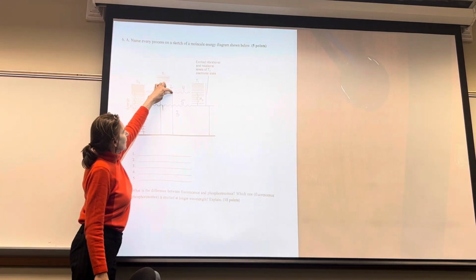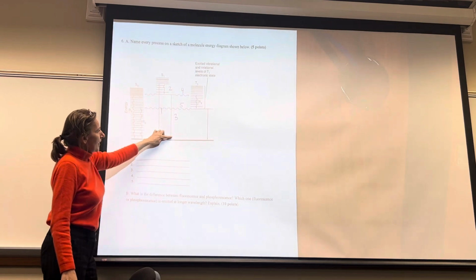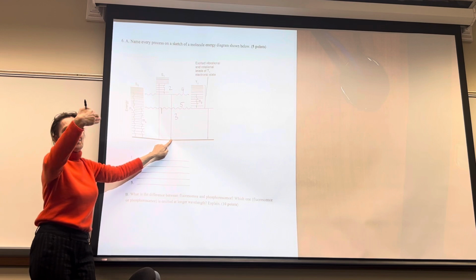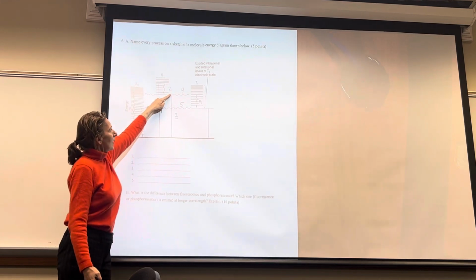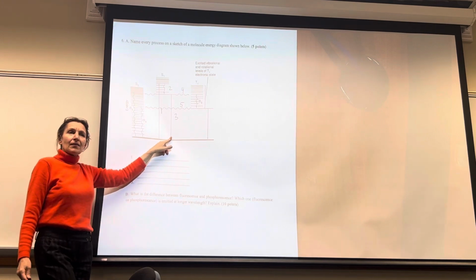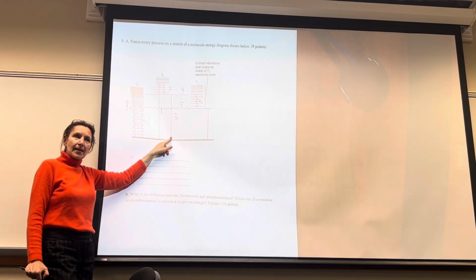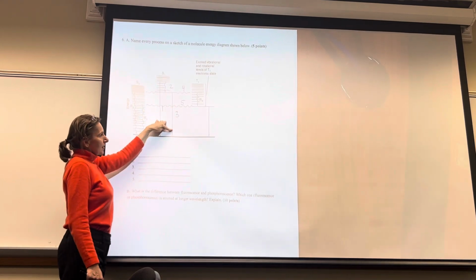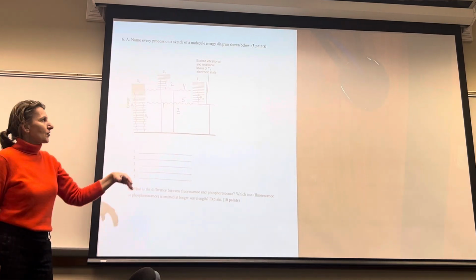Okay? Up here, guys, if we go back to the ground state, the photon is emitted. And this takes much longer, up to 10 to the negative 5 seconds, and it's fluorescence. So fluorescence is the emission of photons.